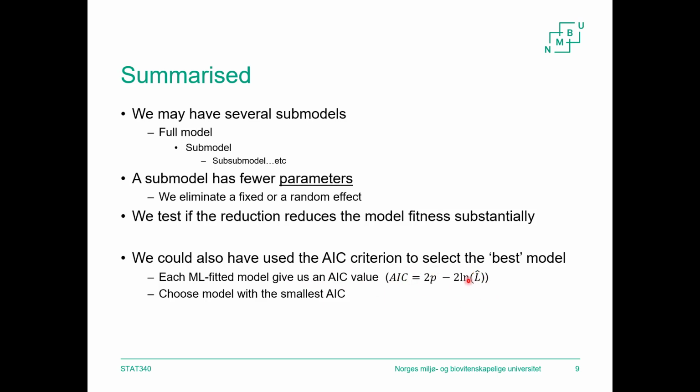Remember this formula from last week. And then you simply choose the model with the smallest AIC. That's also an approach here. But if you want to sort of have a p-value behind, or you want to test specifically 2 models against each other and have a p-value as a sort of a support for your choice, then the likelihood ratio test will give that. The AIC has no p-values. You just simply look for the smallest one.